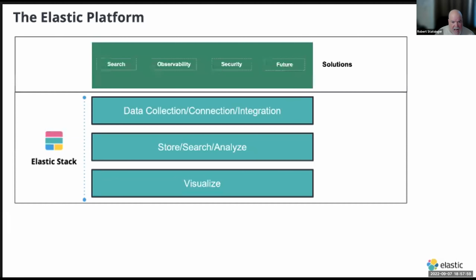And on top of the stack, our company makes a set of applications. Now, a lot of this is out there for free. There are ways to use everything or almost everything we do for free. We build applications that make data more useful to businesses around search, observability, and security. And then the platform itself is open and admits of thinking into the future.